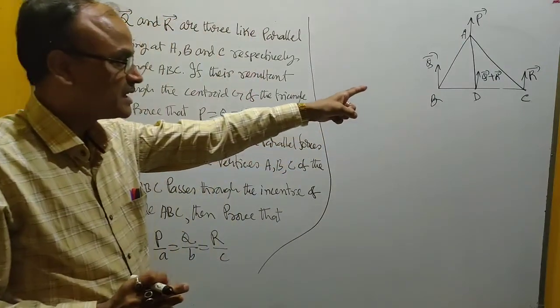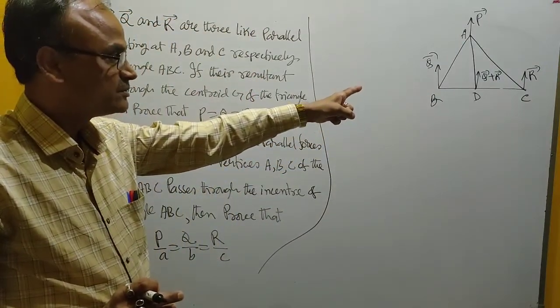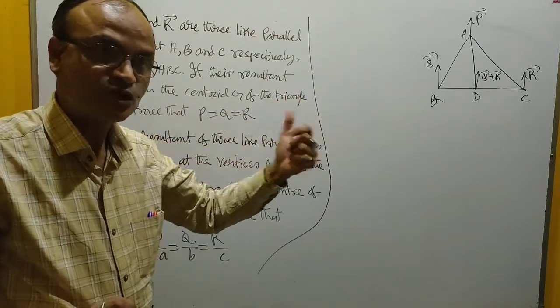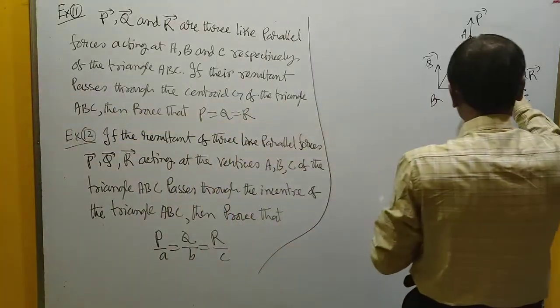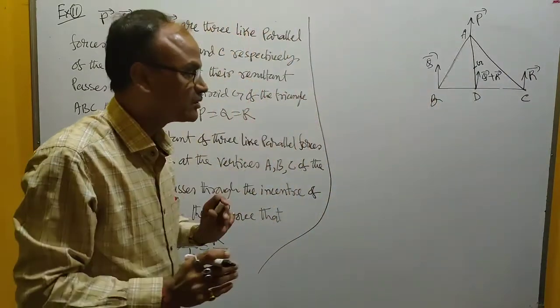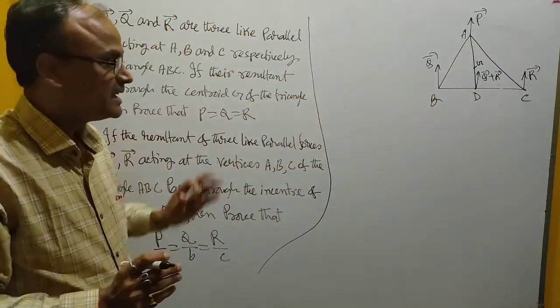Suppose the resultant of P, Q and R passes through the centroid of the triangle. Suppose G is the centroid of the triangle ABC.